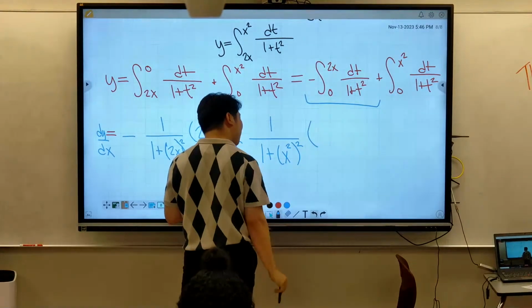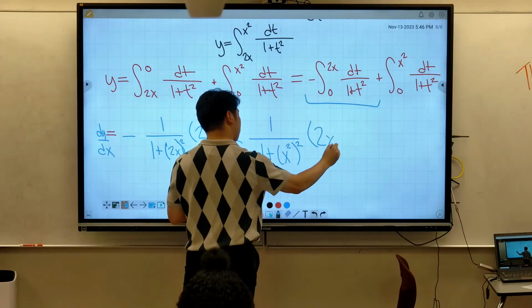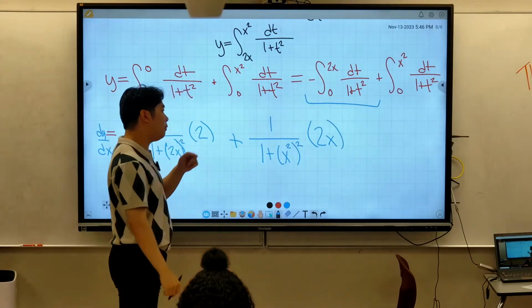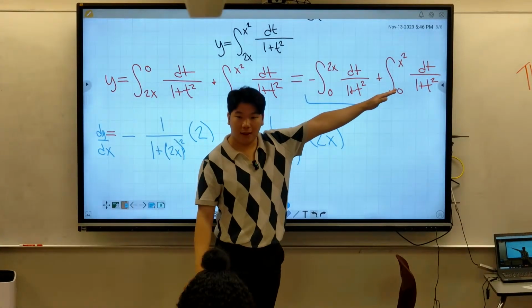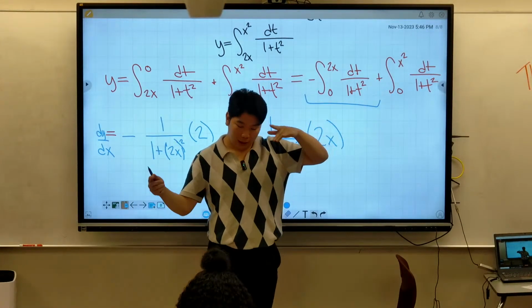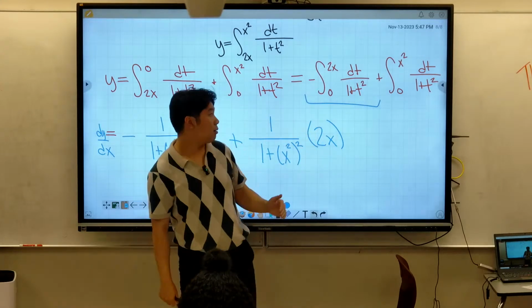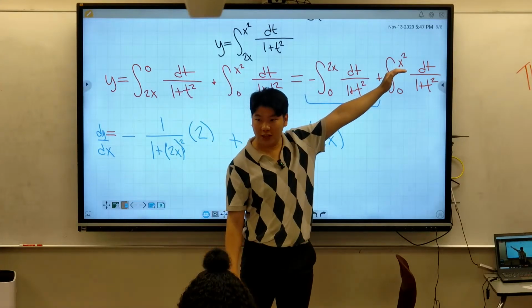And what do I multiply by? Just 2x, because I wasn't plugging in 2x for the second integral. Remember, the way we do our chain rule is we just take the derivative of what's changed here.